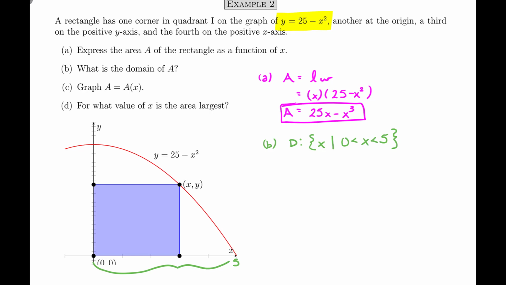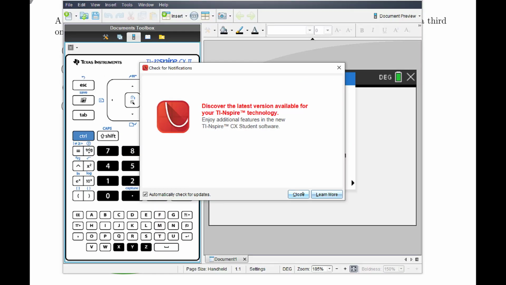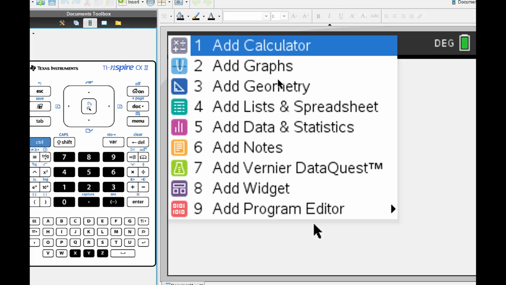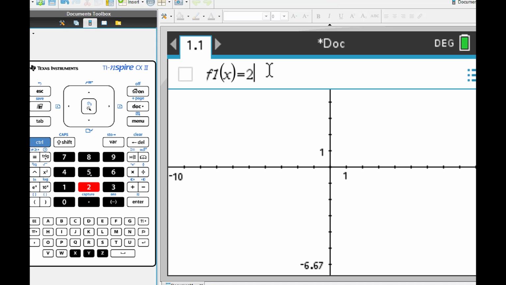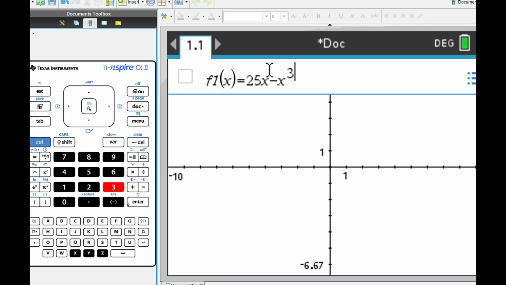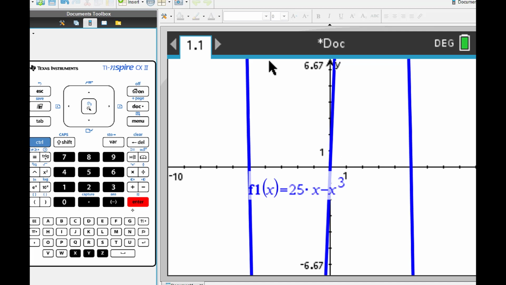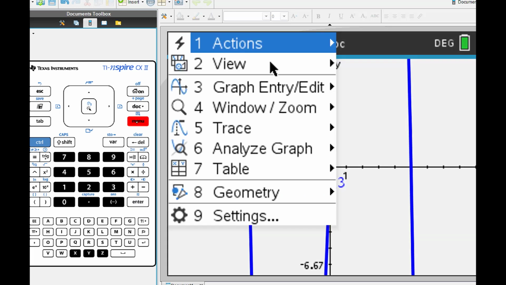If we were to graph the area function 25x minus x cubed, I've already got my calculator pulled up here. So we have 25x minus x cubed. We can ignore all the values to the left of the y-axis, because we don't need negative values for x.